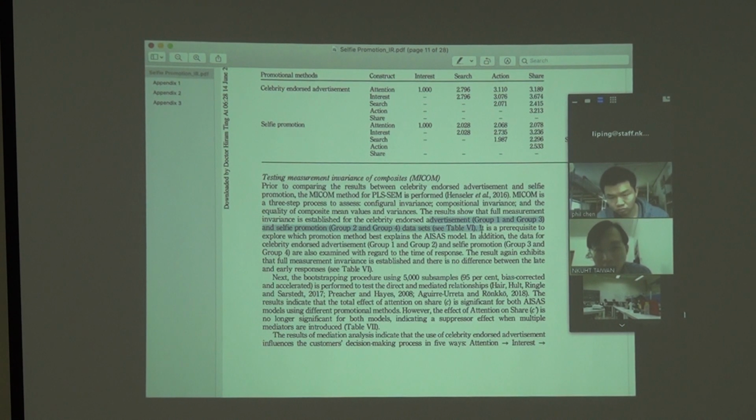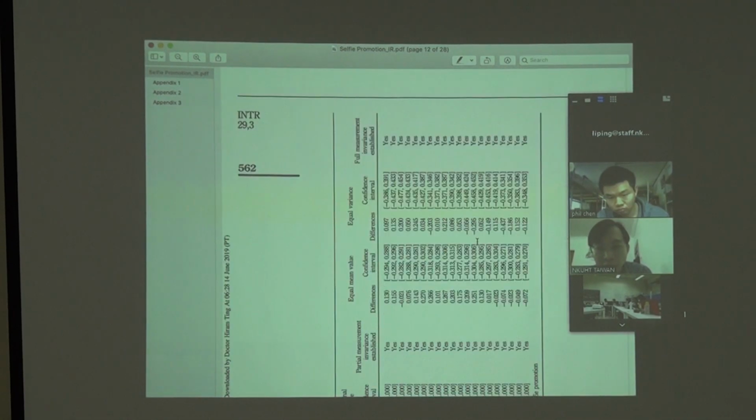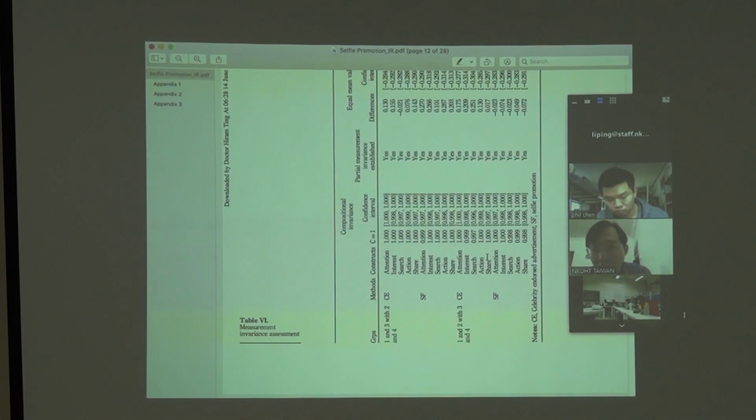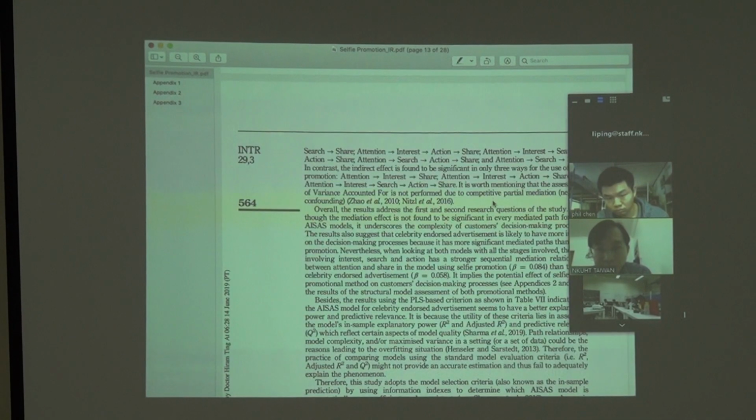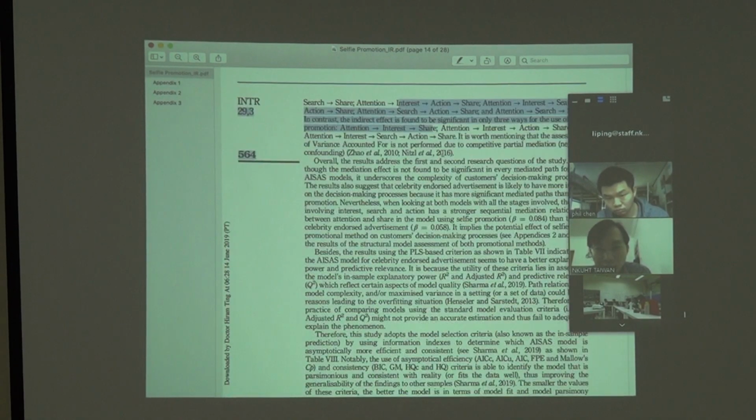These are the little things you have to do. This table is long, so you can do it using landscape.